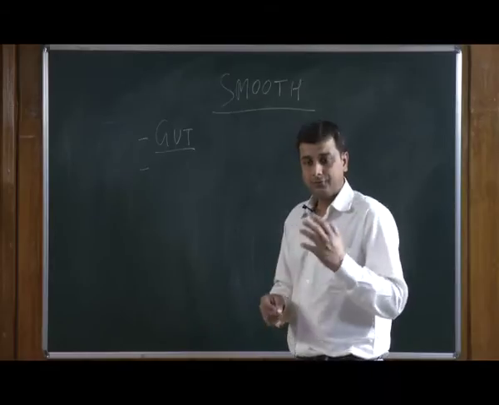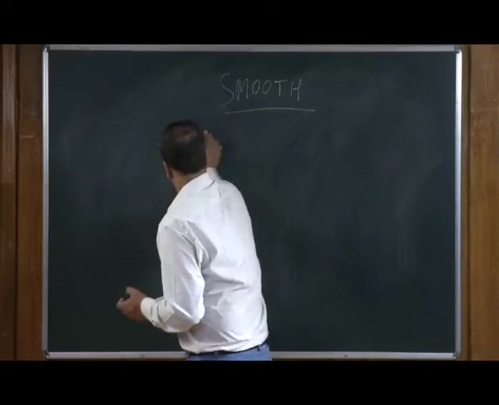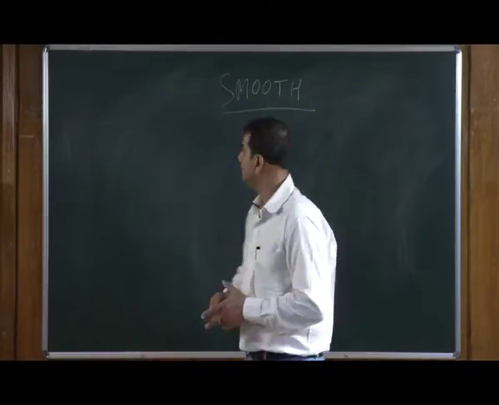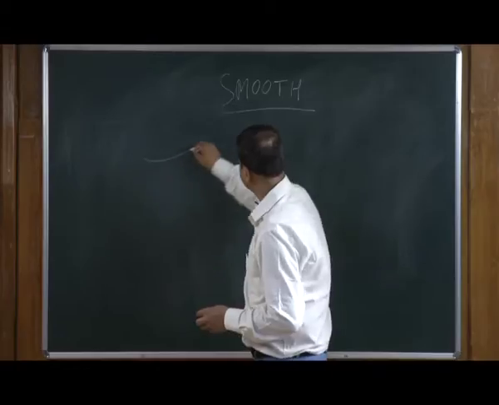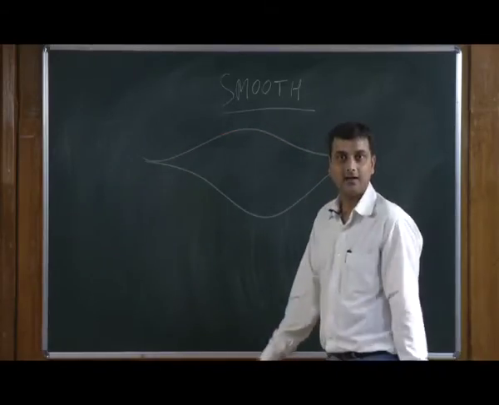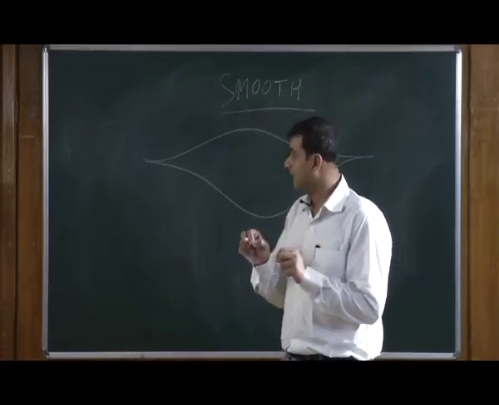If we start looking into these cells, how do they look from outside? These cells are roughly tapered in nature. They do not have striations.